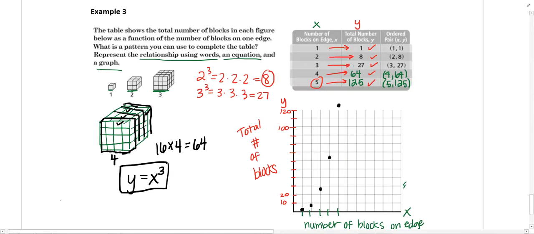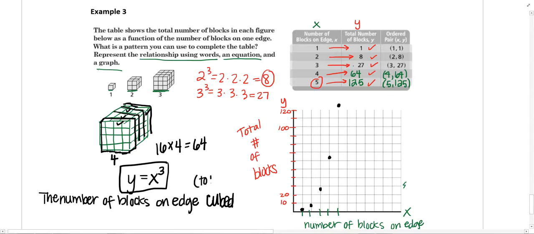So we can write that as the number of blocks on the edge, and then you can say cubed, or you can also say to the 3rd power, which means the same thing, equals the total number of blocks.